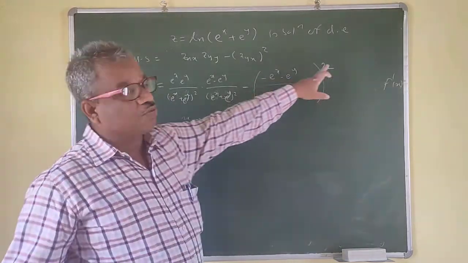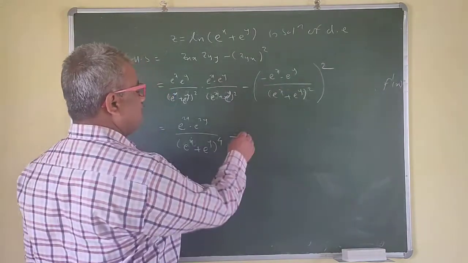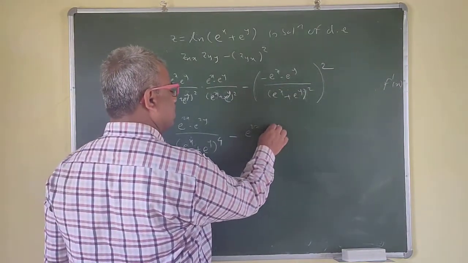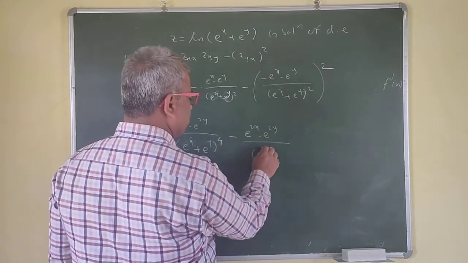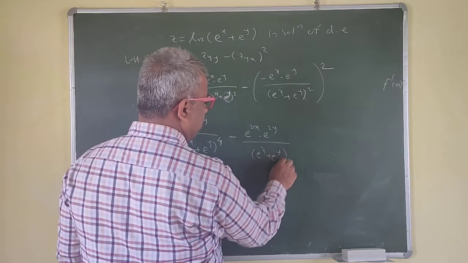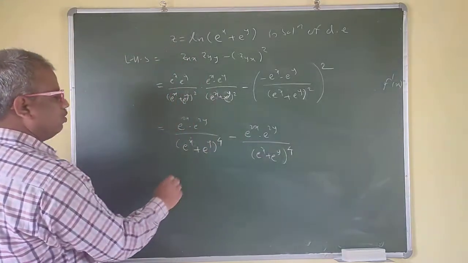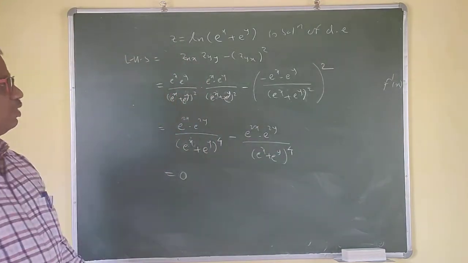Now if we are taking the square of this one, the minus might become plus. And again this is e raised to twice x, e raised to twice y. You may take the sum, doesn't matter. This is e raised to x plus e raised to y raised to 4. Now both are the same. So this is 0, right? So that means we are through.